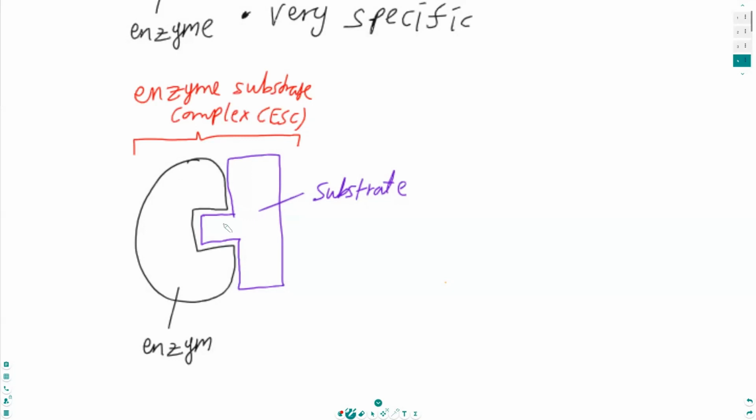So the active site is the active part of the enzyme and it's where the substrate actually binds. So in this example, this little section here is the active site. And different enzymes can have different active sites depending on their substrate.